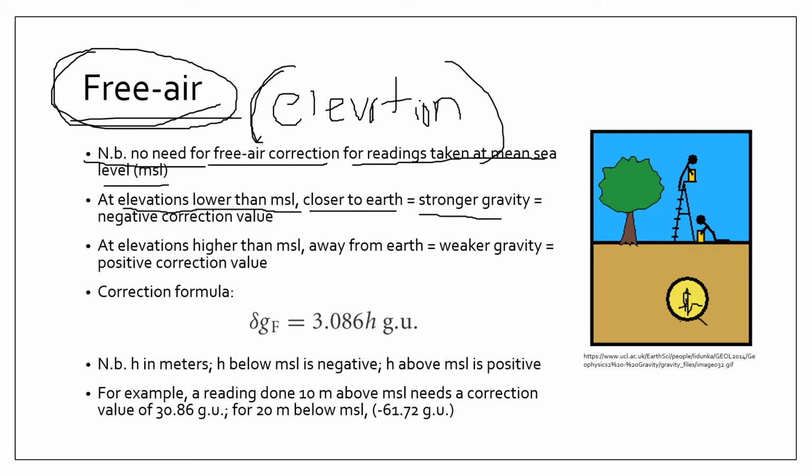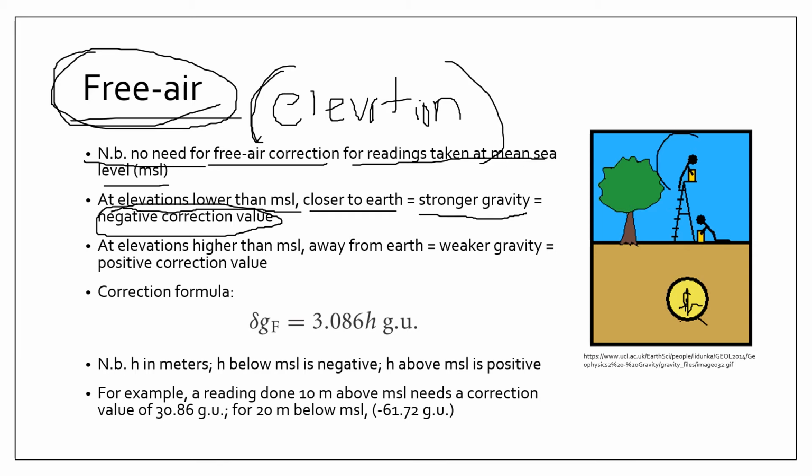So you are subject to a stronger gravity, all right? And you have to correct that by subtracting, by using a negative correction value. Okay, so you use a negative correction value to counteract the stronger gravity reading you got in there.